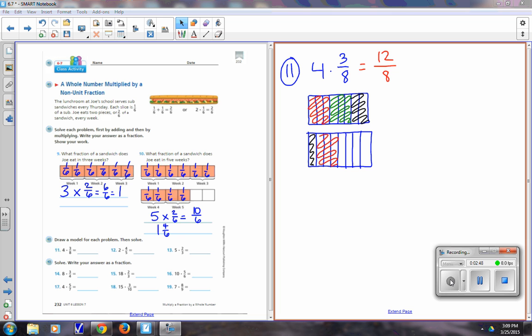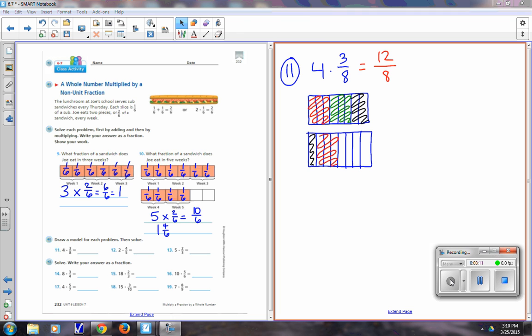So I started this page and I drew a couple of pictures so you could see what the models are. And I know when it says draw a model, you're kind of groaning, but I really feel like it's important for you to visually see what you're doing. We have this sandwich here, and it's cut into 6 pieces, and it says the lunchroom at Joe's school serves sub sandwiches every Thursday. Each slice is 1/6 of a sub.